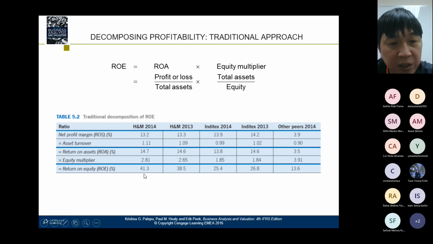So you can infer that the ROE of H&M in different years is better than Inditex's. One possible reason is the equity multiplier.